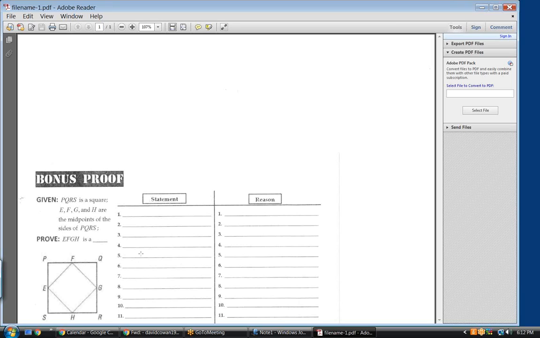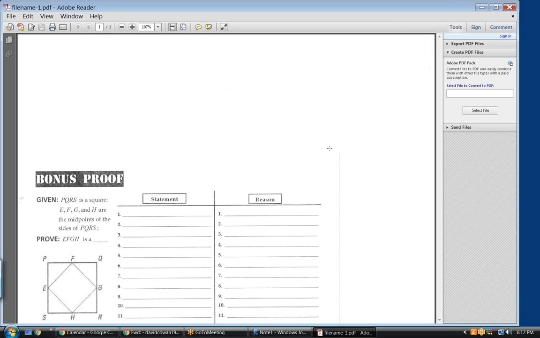Find out which angles are congruent to each other. Which triangles are congruent? If I can prove that triangle is congruent to that triangle, which is congruent to that triangle, which is congruent to that triangle, now each of these sides has to be equal because of CPCTC. Because they would be the corresponding parts of congruent triangles.